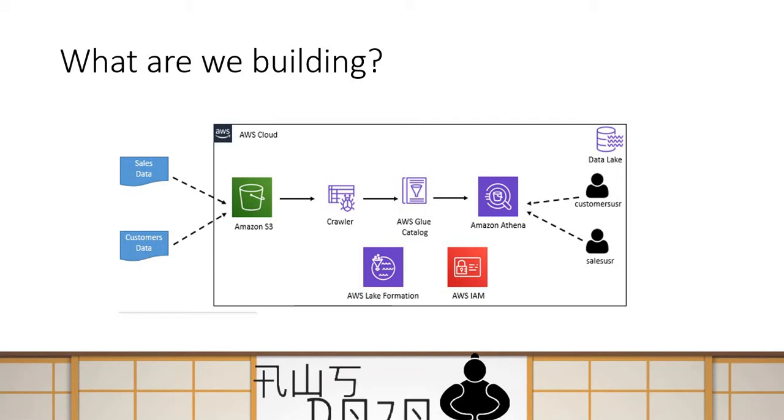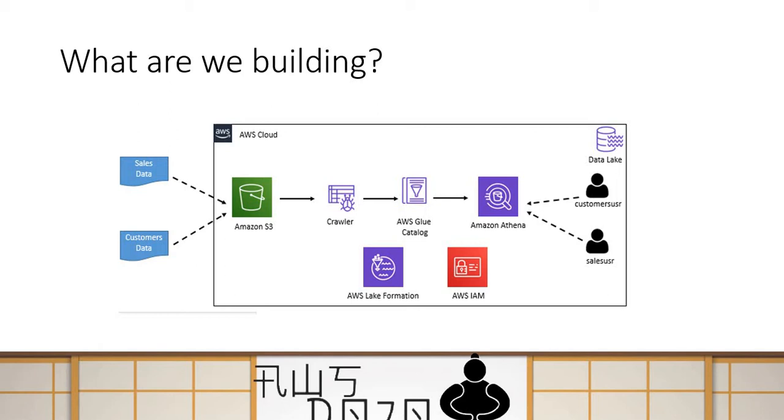And when data is cataloged, it is discoverable by your end users, and it can be used by them in various ways, be it APIs, analytics, reporting, or even machine learning. AWS Lake Formation, along with IAM, provides security to this data.